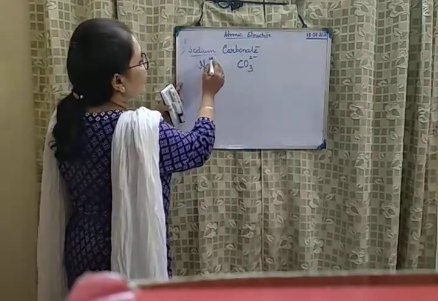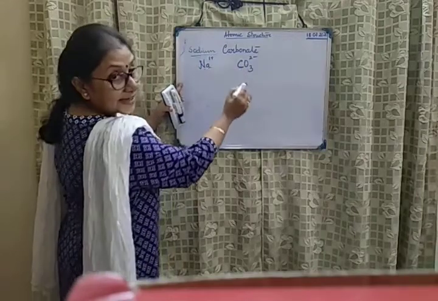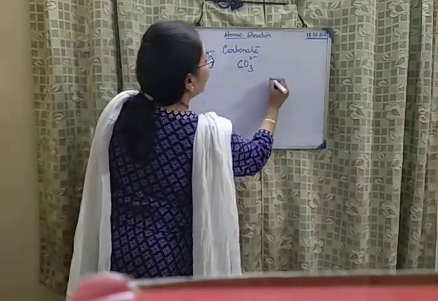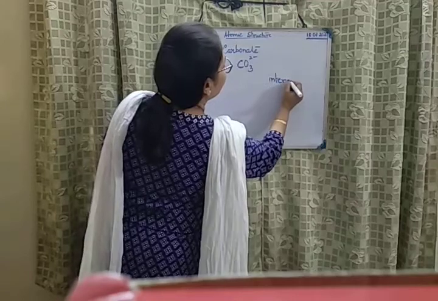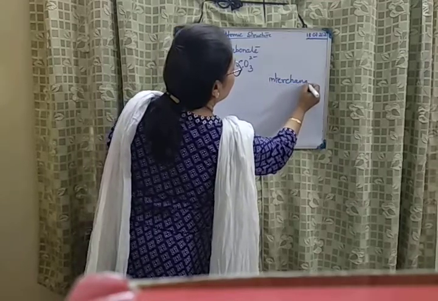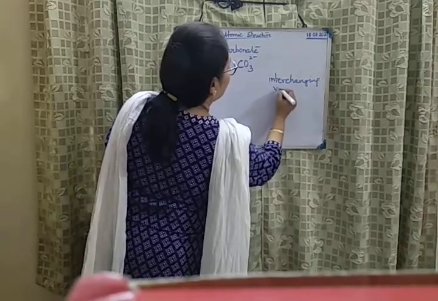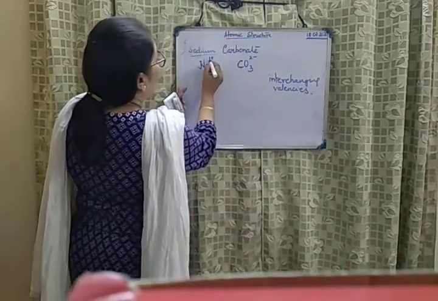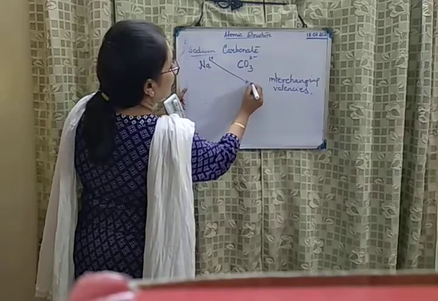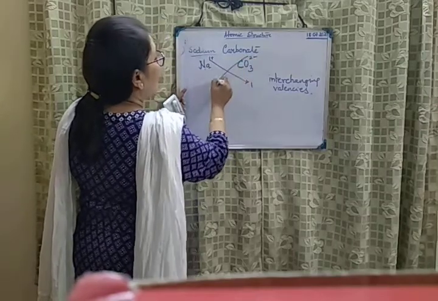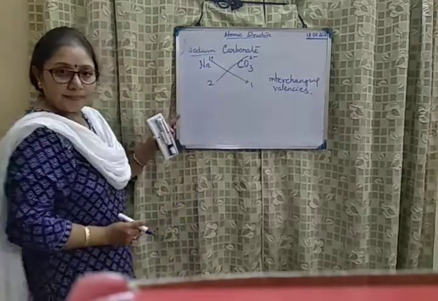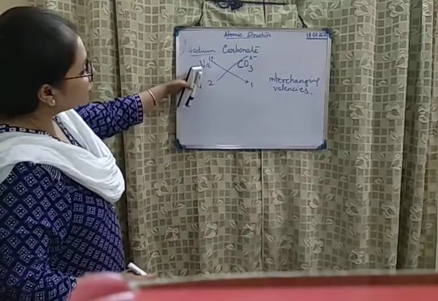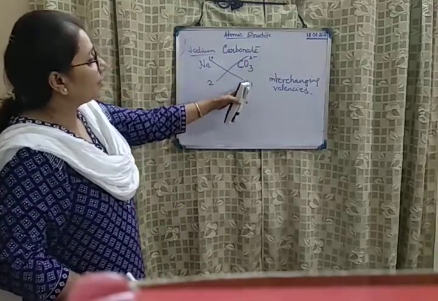We have to first write the valency, then interchange the valencies. We bring 1 of sodium here and 2 of carbonate comes here. So 2 goes with sodium now and 1 goes with carbonate.